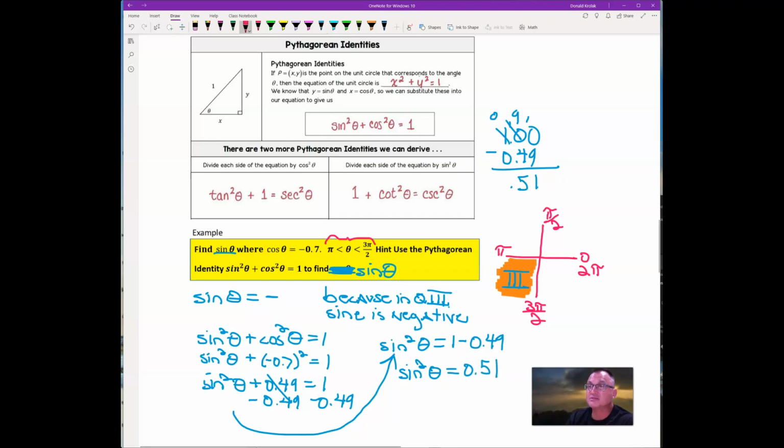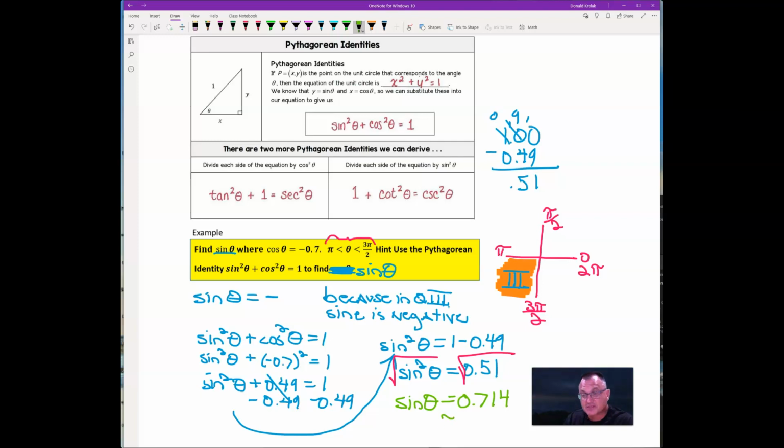And now take the square root. When I square root that on my calculator, I get 0.714, and I think we're going to round to 2 decimals.